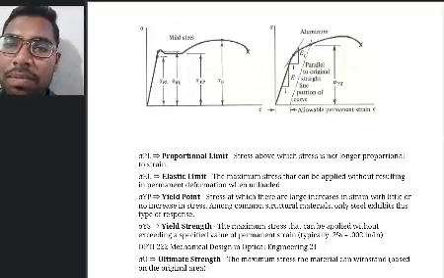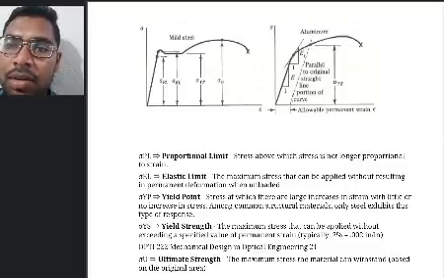Among common structural metals, only steel exhibits this type of response. Yield strength: the maximum stress that can be applied without exceeding a specified value of permanent strain, typically 0.2% or 0.002 in the units.